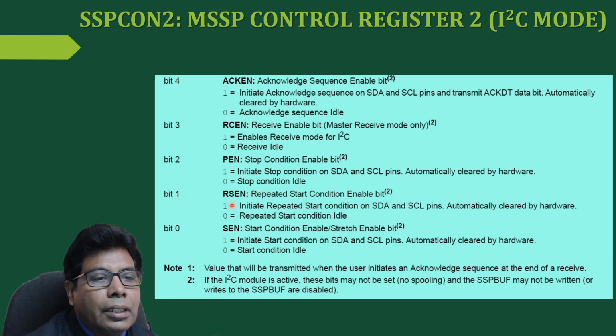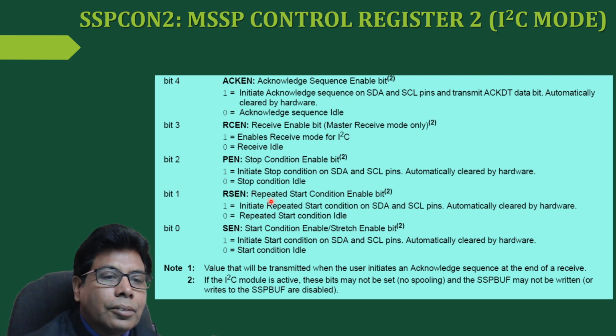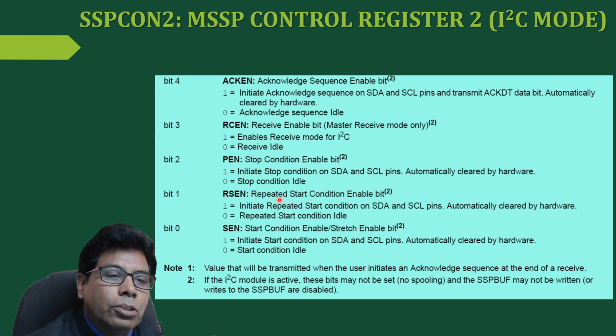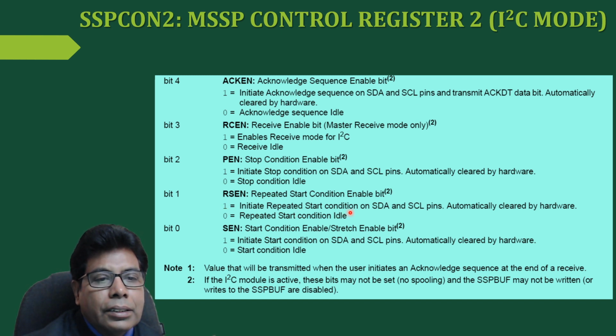Then bit 1 is the repeat start condition. In case of the repeat start, we have to make use of this. So here it initiates repeat start condition on SDA and SCL pin. Whenever the same master wants to send the data again, at that time this will be used.